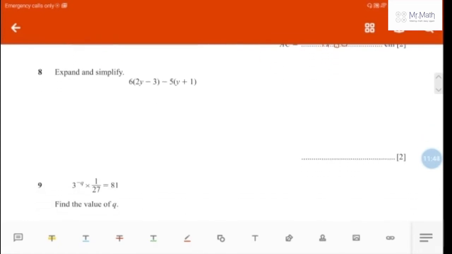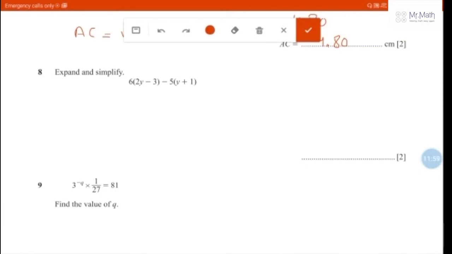Now in question 8, it says expand and simplify 6 times (2y minus 3) minus 5 times (y plus 1). Here I have to multiply first 6 times 2y.